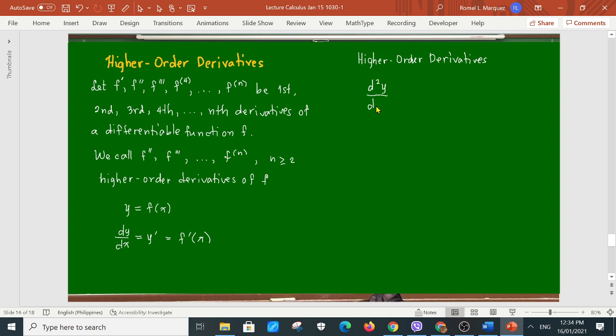Second derivative with respect to x, in terms of prime notation, like this, or f double prime of x.